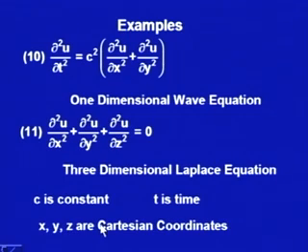Sometimes we say one dimensional equation and at other times two dimensional or three dimensional. That is because of how many Cartesian coordinates we have. As here we have two Cartesian coordinates x and y, we call it two dimensional. Here we have x, y and z, so we call it three dimensional.